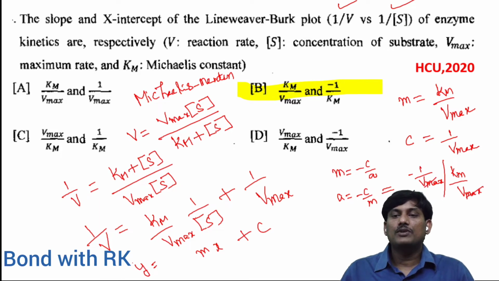Here V max cancels, so then you will get minus 1 by Km. So the slope is Km by V max, and the x-intercept is minus 1 by Km. So B is the correct option.